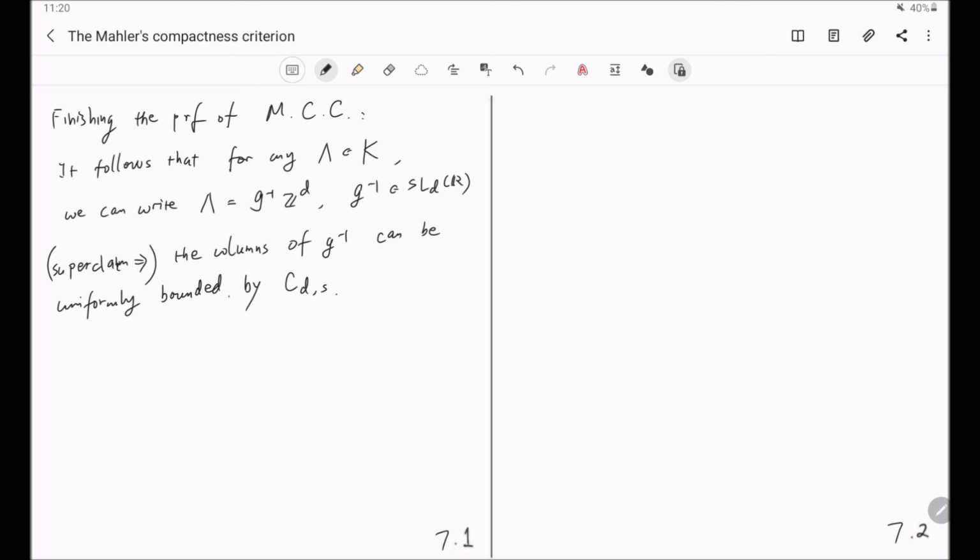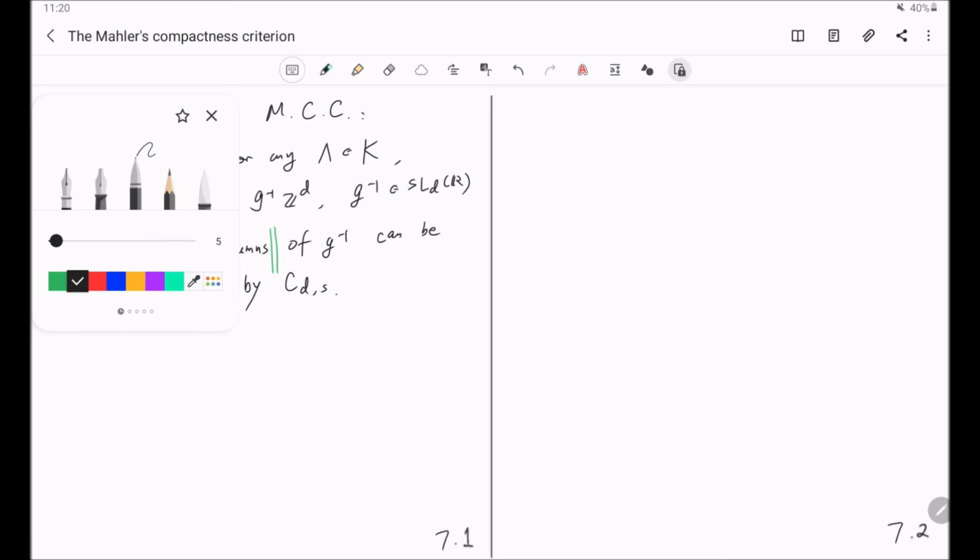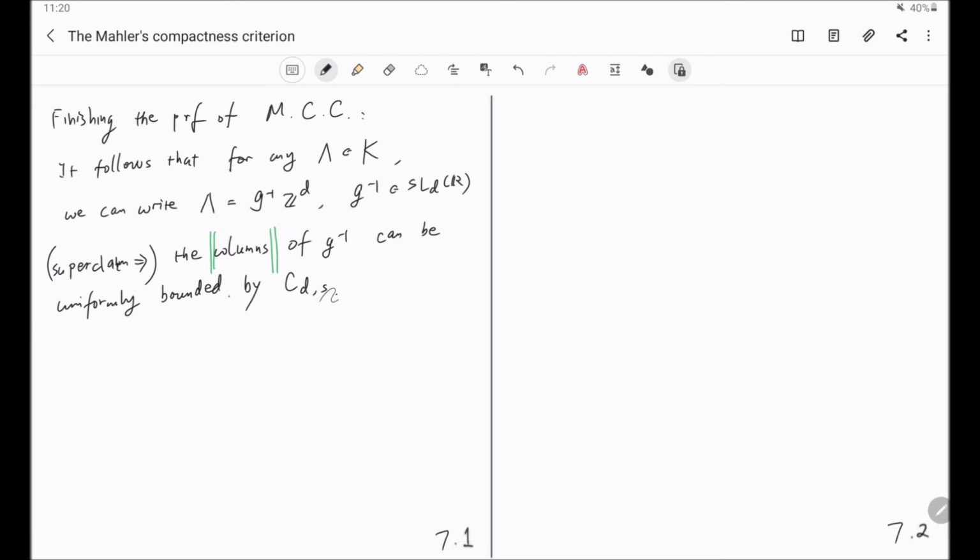And in particular, what I mean here is really the norm of each column can be bounded by this C sub D,S.